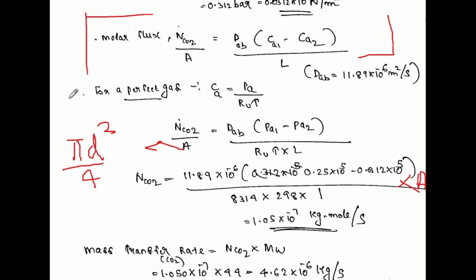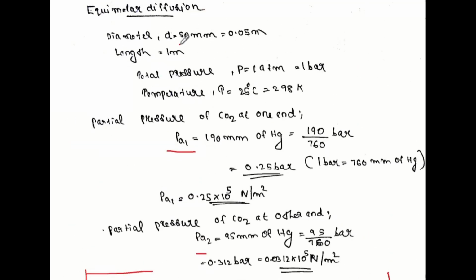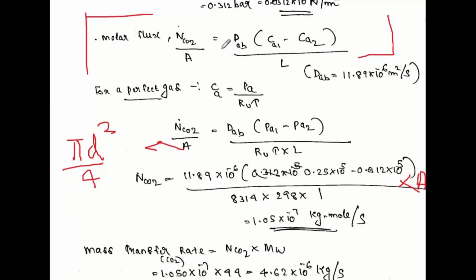And this area can be found out by using this formula, pi d square by 4, and D is given in the question. Okay, so the final answer will be 1.05 into 10 raised to minus 7 kilogram mole per second. So this is the molar flow rate. So how do you find the mass flow rate or mass transfer rate?